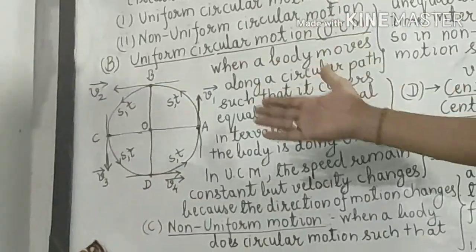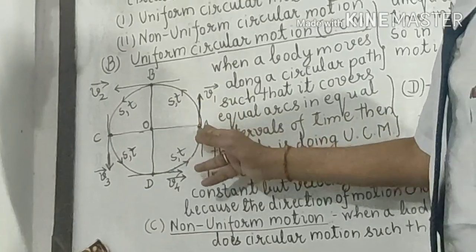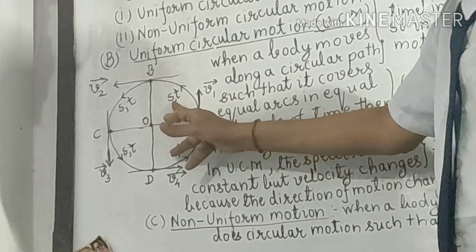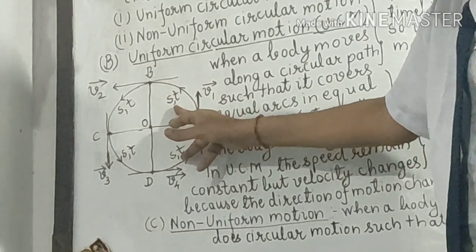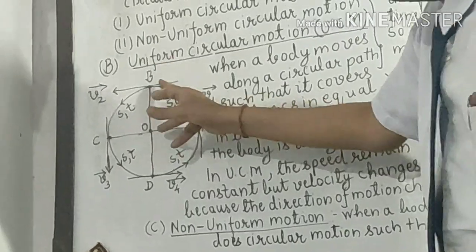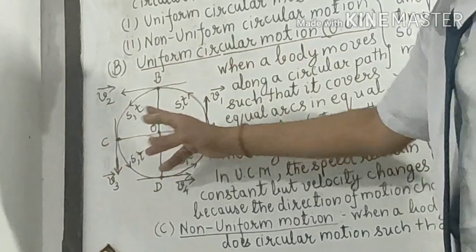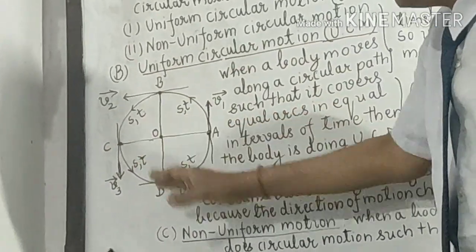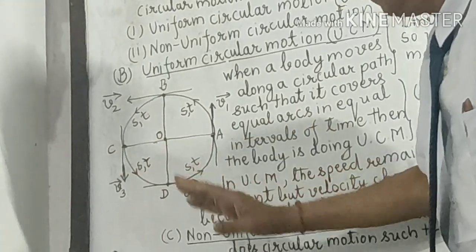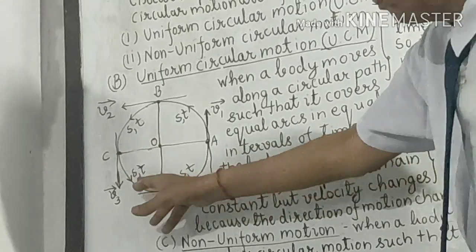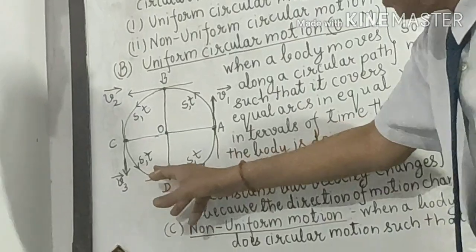When the body moves from A to B, it covers distance S in time T. From B to C, again it covers distance S and time T. From C to D, again distance S and time T.